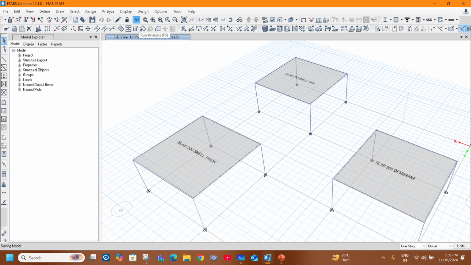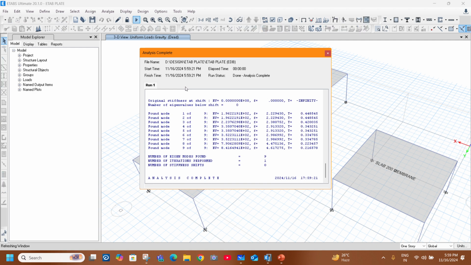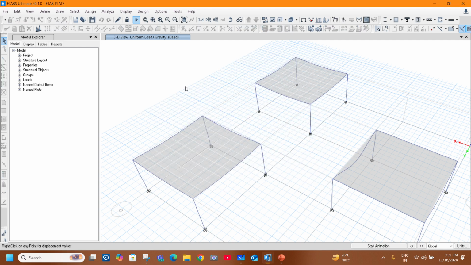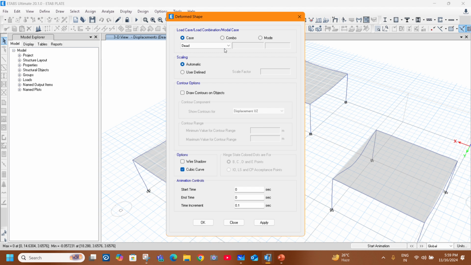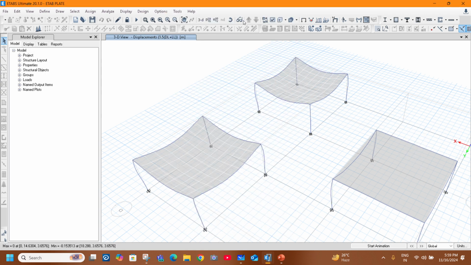So firstly, run the model. Now let us check the deformation.